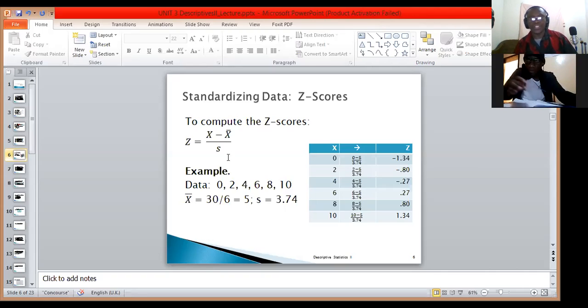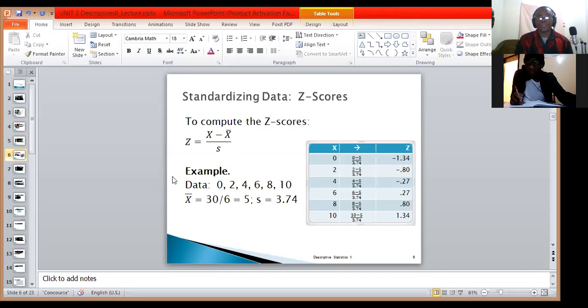So the Z-score for a data of 0 with a mean of 5 and a standard deviation of 3.74: 0 minus 5 is negative 5, and negative 5 divided by 3.74 gives us negative 1.34. That's how we calculate the Z-score.